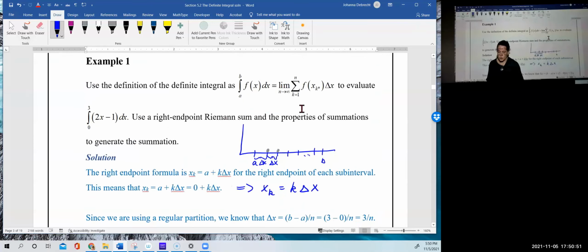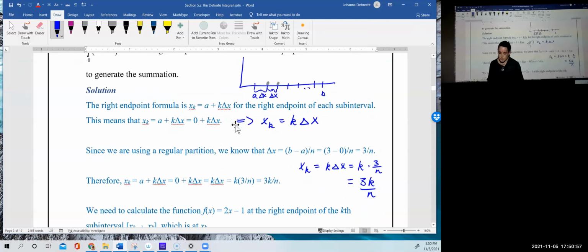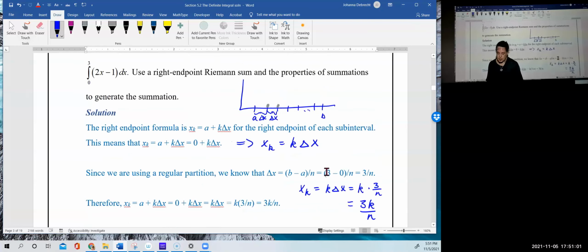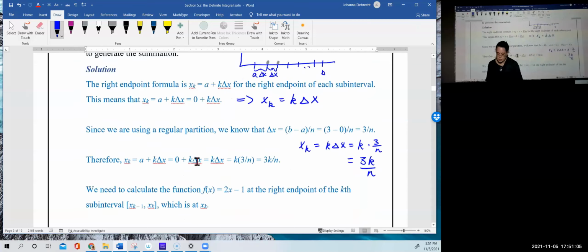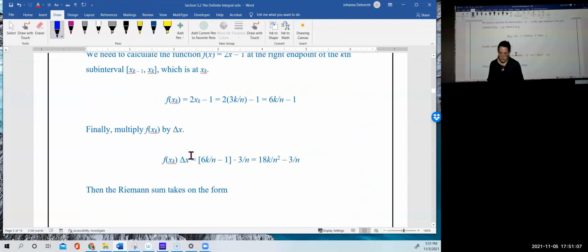And then again, according to the formula, we multiply that special value by delta x. Remember that our delta x value was coming from b minus a divided by n, which is 3 over n. So now we have the expression of f of x sub k star, our special spot, times delta x, which became 6k over n minus 1 times 3 over n.